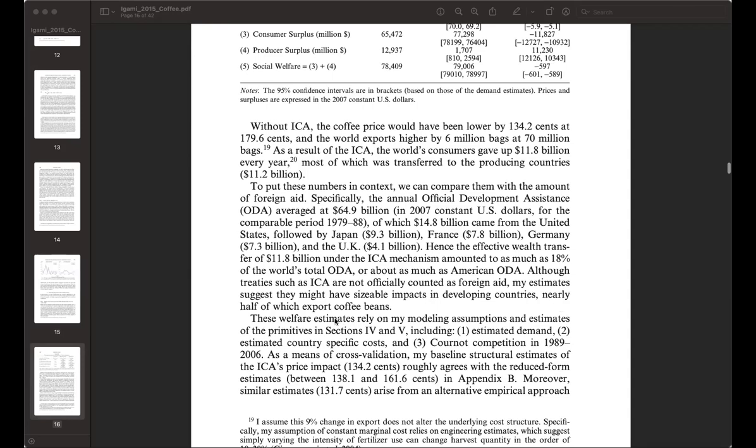Okay, these welfare estimates rely on my modeling assumptions and estimates of the primitives in section 4 and 5, including estimated demand, estimated country-specific shocks, and Cournot competition in 1989 to 2006.